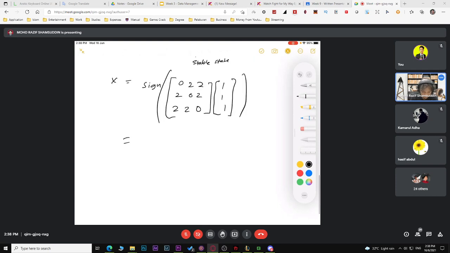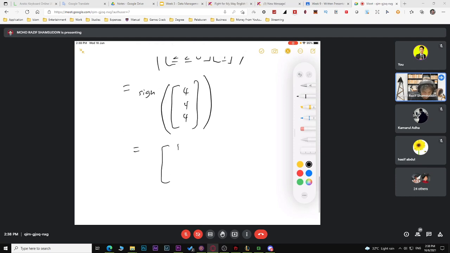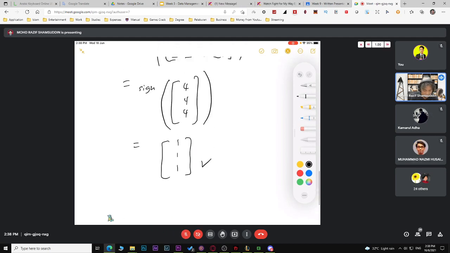Because these two values multiply with these two ones, and the same for this one, all is multiplied by 1, so you get 4, 4, 4. Applied to a sign function, you get all 1, 1, 1. Okay? Agreed.